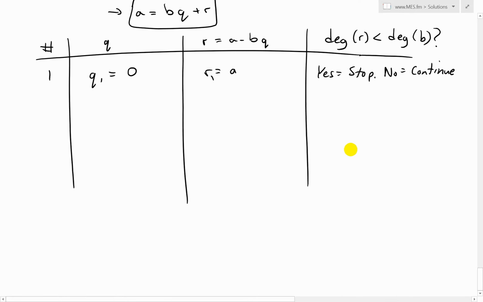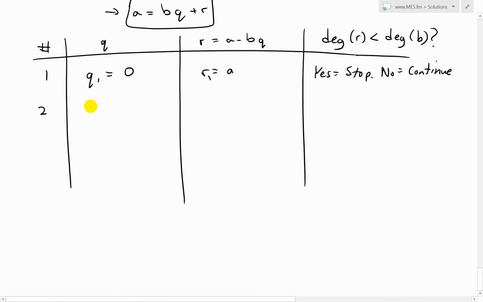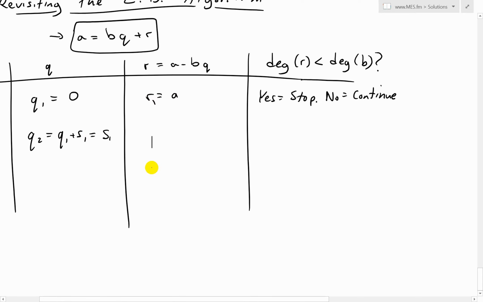So we continue here. Number 2 is going to be Q_1 plus S_1, so Q_2 equals Q_1 plus S_1, which just equals S_1 since Q_1 is 0. Then R_2, remember as above, we plug in S_1: R_2 equals A minus B S_1, and A is just R_1, so R_2 equals R_1 minus B S_1.